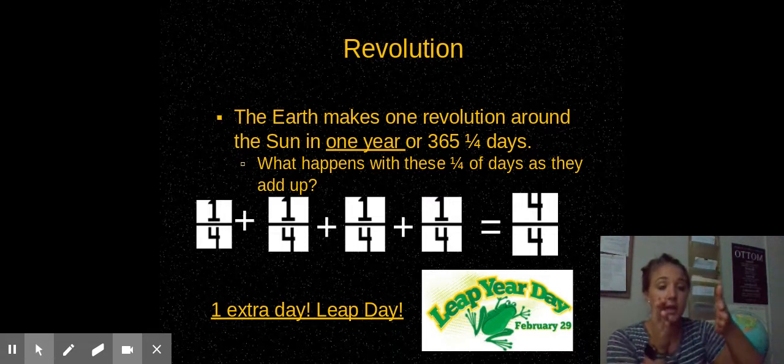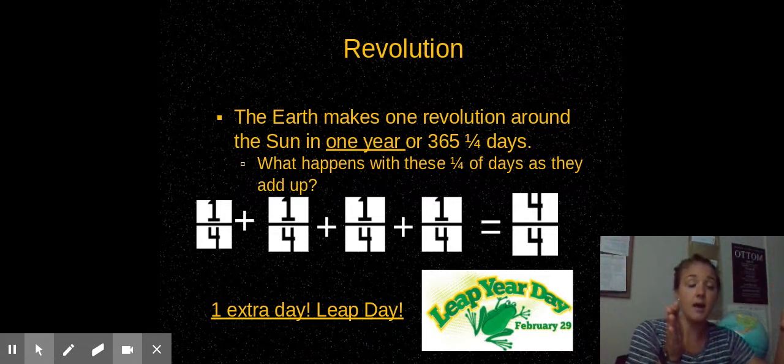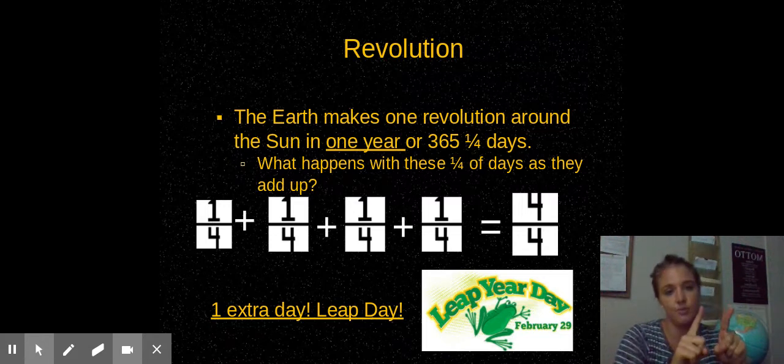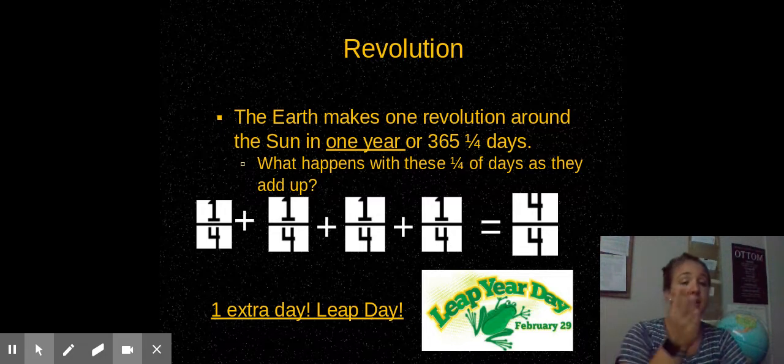Well, every 4 years, those 1/4 add up to 1 full day, right? 1/4 plus 1/4 plus 1/4 plus 1/4 gives me 4/4, which we know is equal to 1. So now I have 1 extra day every 4 years because that 1/4 adds up over time, and now I have 1 extra day on the 4th year. Okay, that's why we have a leap year every 4 years.